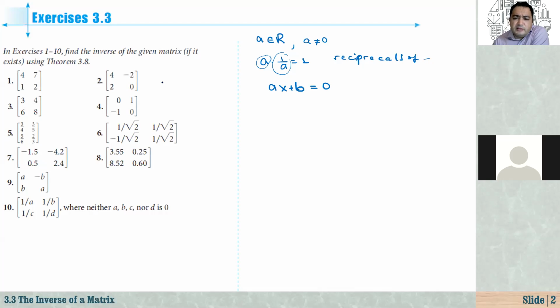First, we need to eliminate this b from the left-hand side, because we are trying to isolate x, right?